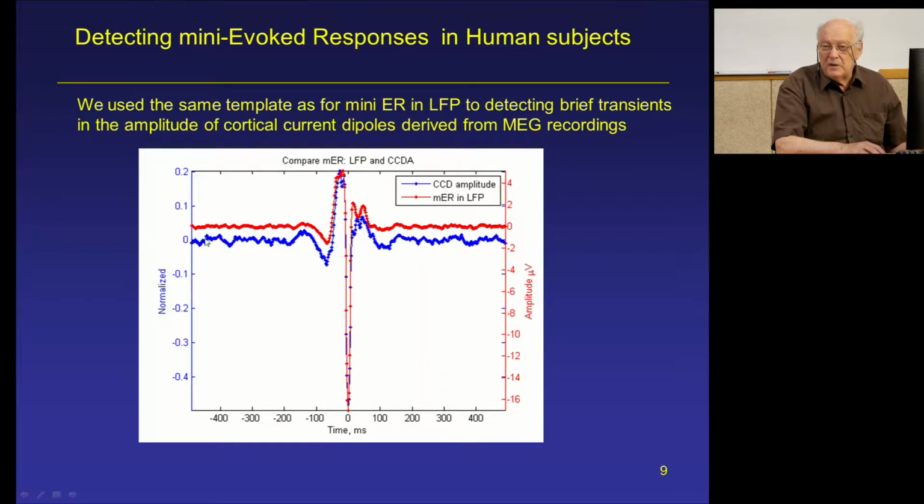Here is an example of how things would look. The blue trace is the amplitude of the transient in the cortical current dipole amplitude. The red trace is similar, from LFP of intracortical recording with microelectrodes.